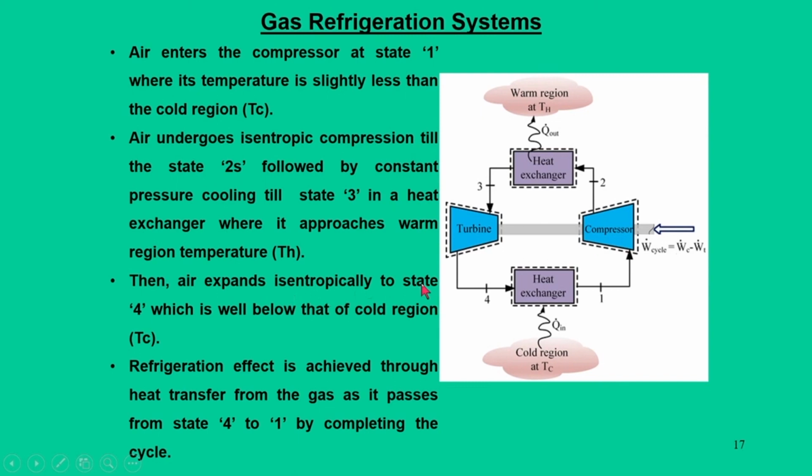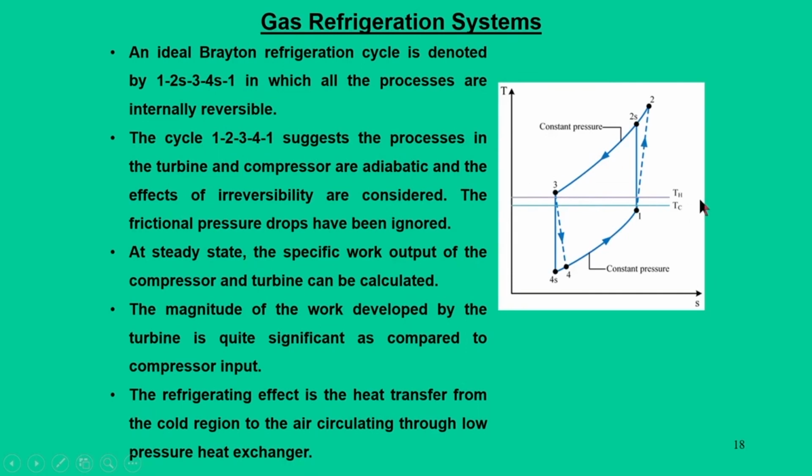Air expands isentropically to state 4, in which it is well below the temperature of the cold region, and the refrigeration effect is achieved through heat transfer from the gas as it passes from 4 to 1, completing the cycle in a second heat exchanger. So, the actual cycle is 1, 2, 3, 4, and the ideal cycle is 1, 2s, 3, 4s.